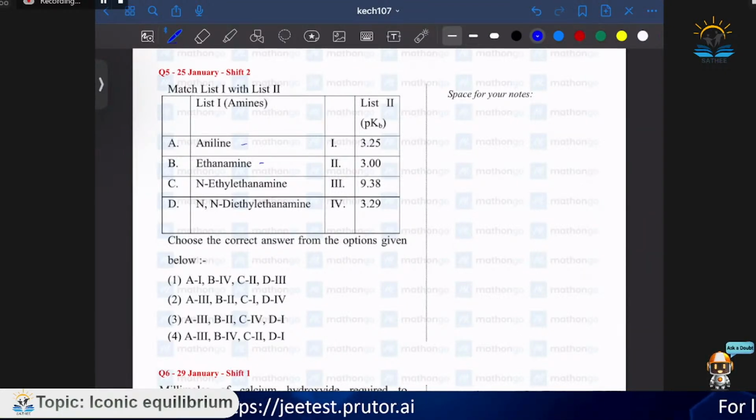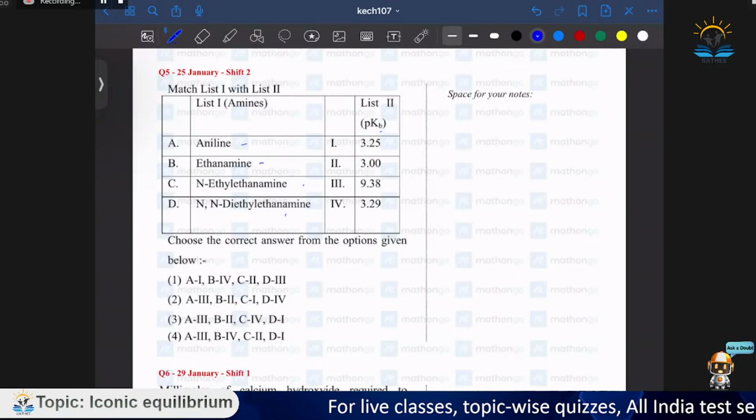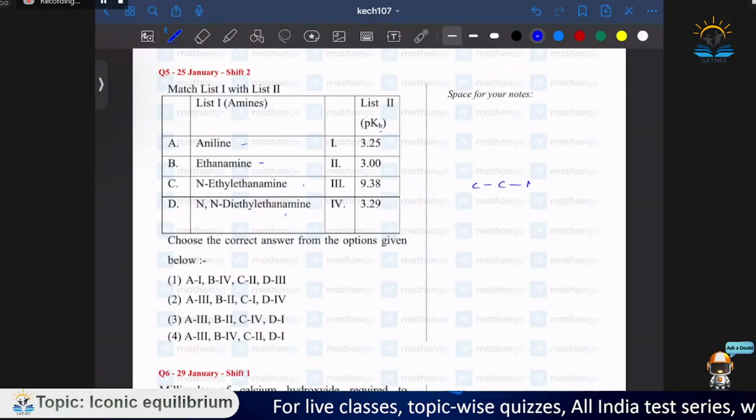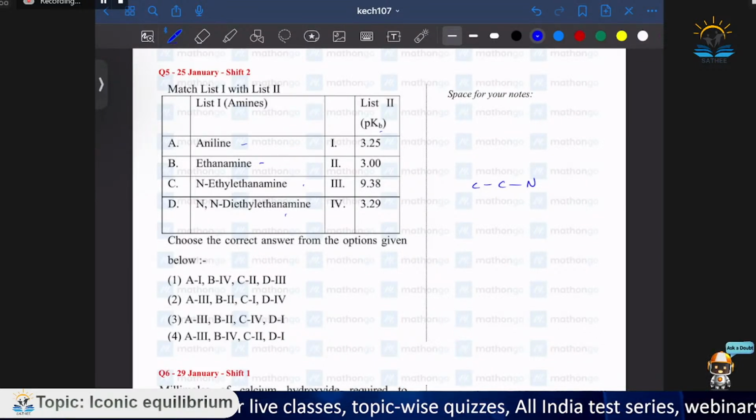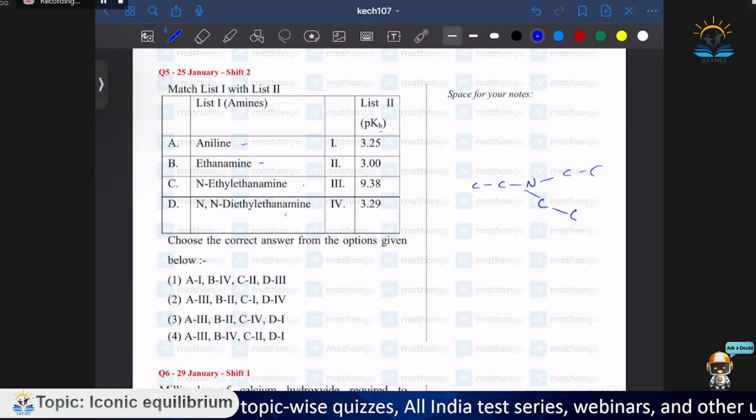Aniline, ethanamine, N-ethyl ethanamine, and N,N-diethyl ethanamine. This is pKb. The lower the pKb, the stronger the base. This is N,N-diethyl ethanamine.